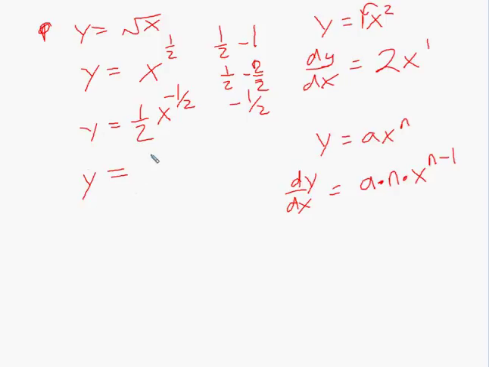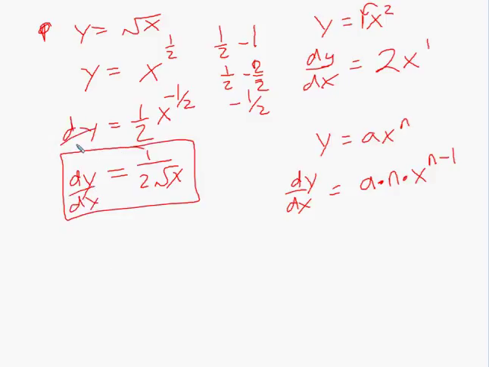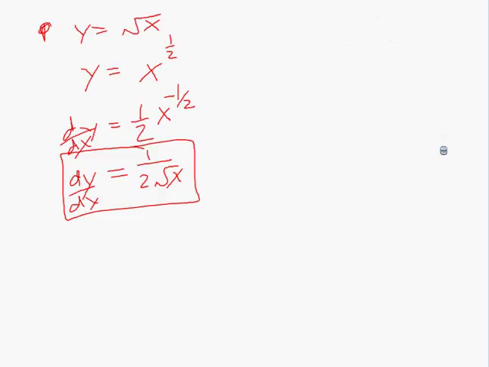So I put that into my denominator, and I get 2 root x. That's my dy dx. Okay? So even though we might have fractional things, we need to be solid on doing them.